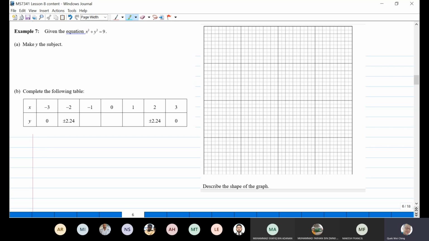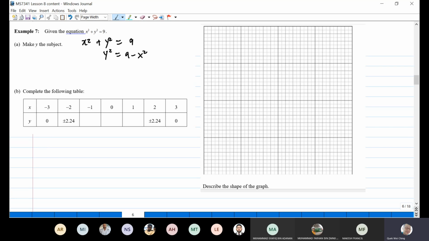Now we're going to make y the subject first. How to make y the subject? x squared plus y squared equal to 9, so y squared equals 9 minus x squared.